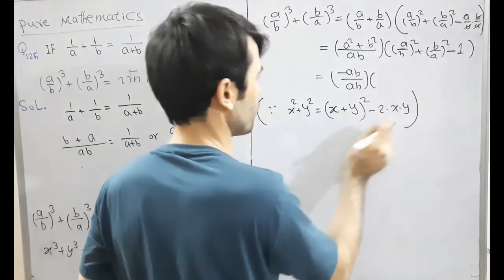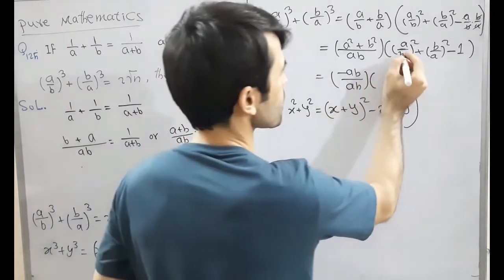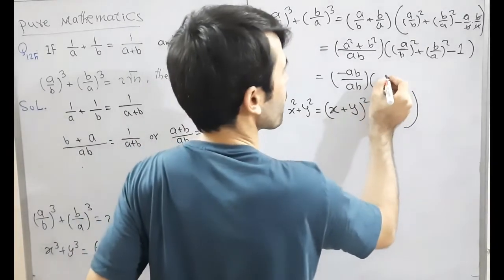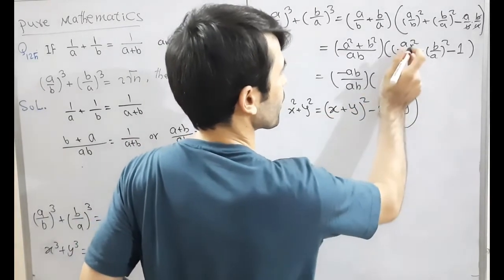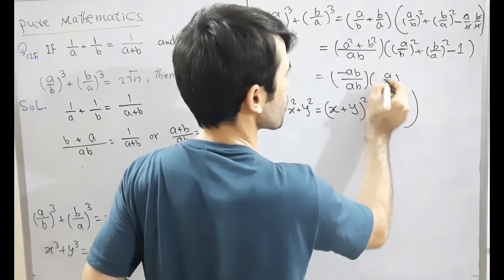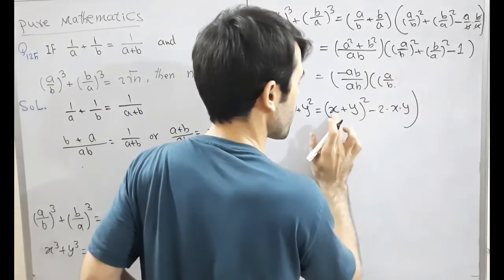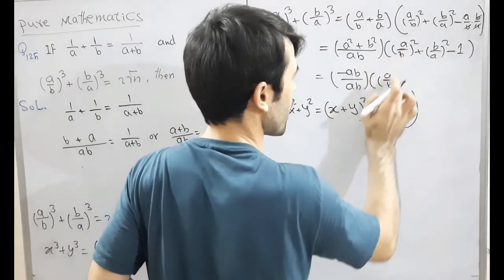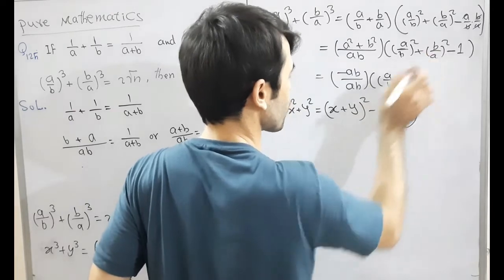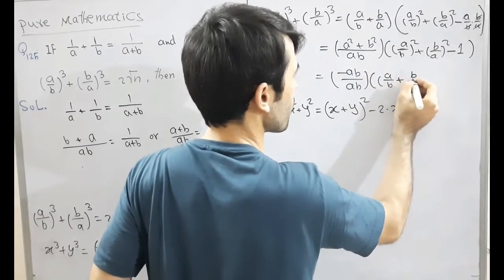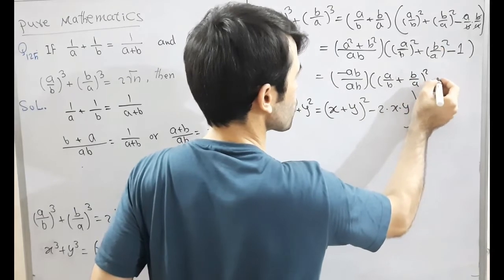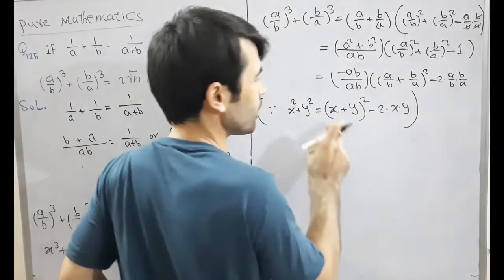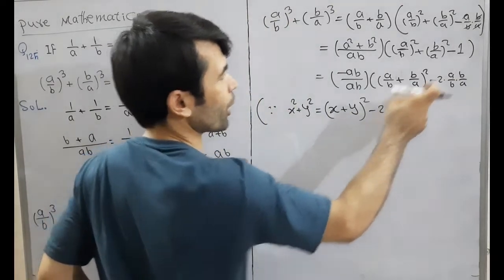According to this formula, instead of x we can write a over b, plus, instead of y we can write b over a, whole square minus 2 into a over b into b over a, minus 1.